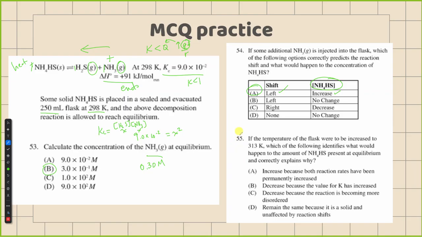The temperature of the flask were to be increased, so we're increasing the temperature. We know heat is over here. It's going to shift to the right. Which of the following identifies what would happen to the amount present at equilibrium? It's going to decrease because it's being consumed a little bit.